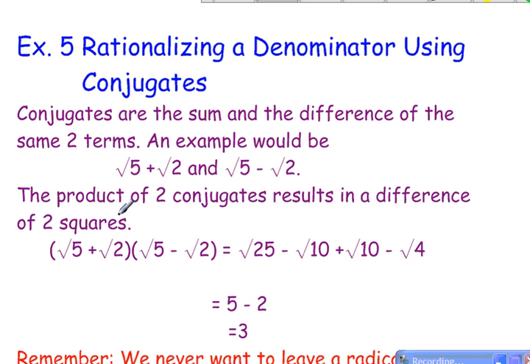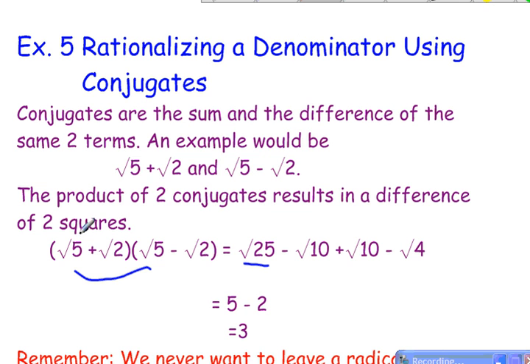The product of the two conjugates results in a difference of two squares. To prove it, we have square root of 5 plus square root of 2 times the square root of 5 minus the square root of 2. If I do the full method, I'll see that my first times my first gives me square root of 25.